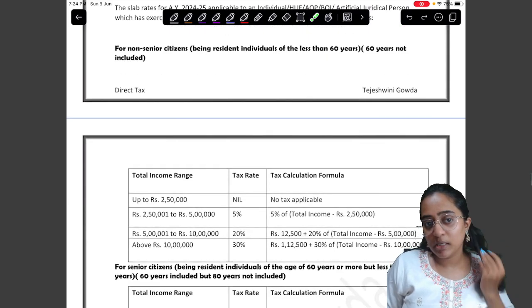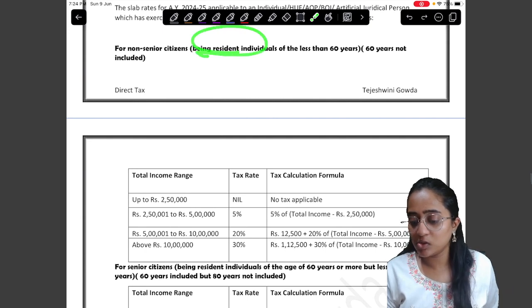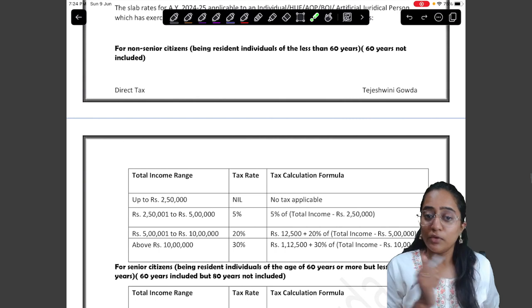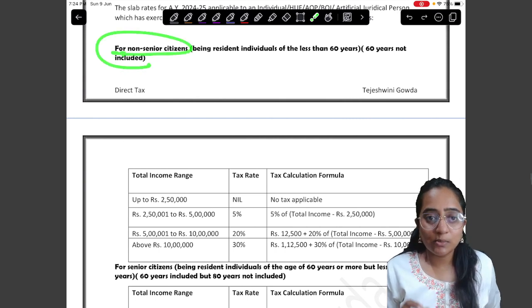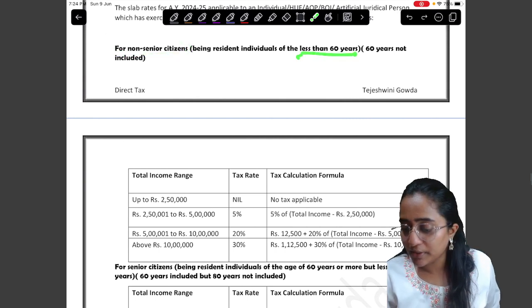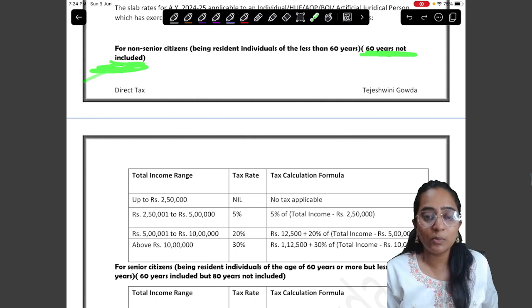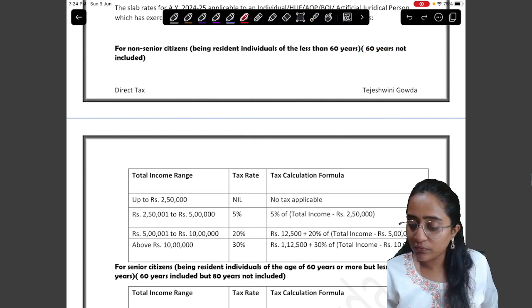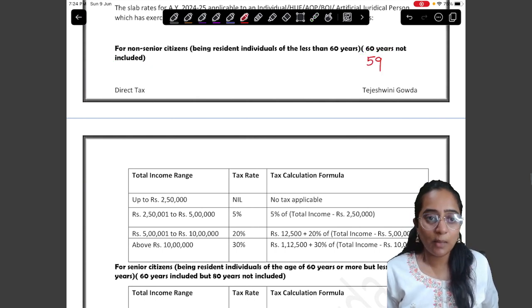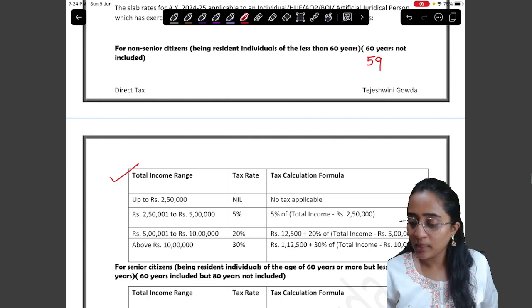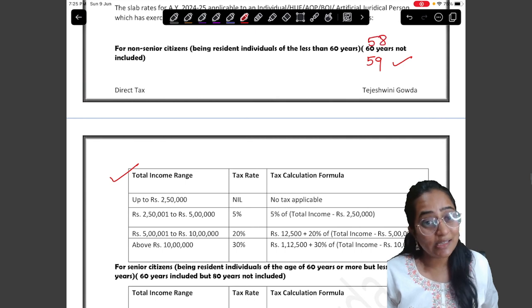Non-senior citizens means resident individuals of less than 60 years. Non-senior citizen means less than 60 is what I've written, people. 60 years is not included. It means if you are 59, is this table applicable for you? Yes. If you're 58? Yes.